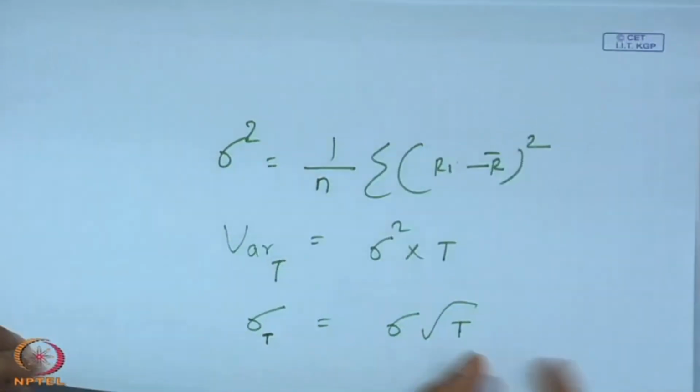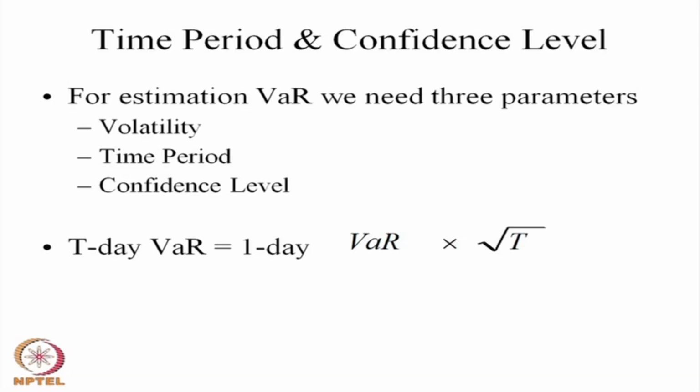When I mentioned that in case of value at risk, we need 3 parameters. The first parameter is your volatility, the second parameter is your time period, the third parameter is confidence level. So, we will be discussing each of them. What is volatility? I mentioned here volatility is a risk. Where is risk coming from?